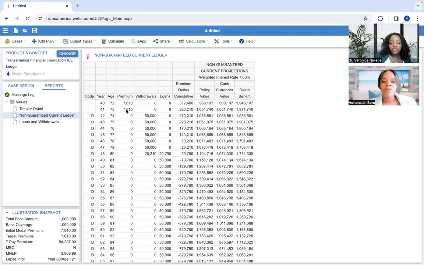Okay. 41 years. At this point, this person has contributed 320 and they have $1 million in their savings. They can call the insurance company and say, hey, I have $1 million in my account. I want to use $50,000 every single year as supplemental income at retirement, knowing that they can get this money tax-free.